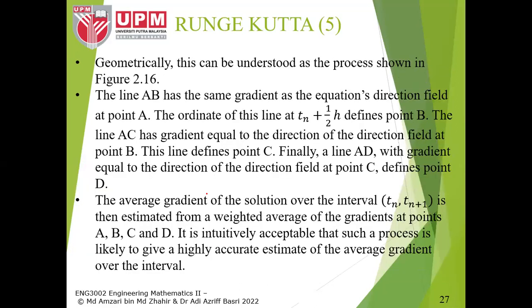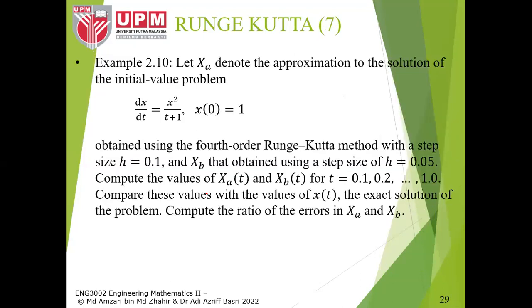Okay. So in order for you to understand how to use it, this is more explanation. So we go for the example. This is the same example question, where the function is x squared divided by t plus 1, when x0 equals 1. Let xa denote the approximate solution of the initial value problem.